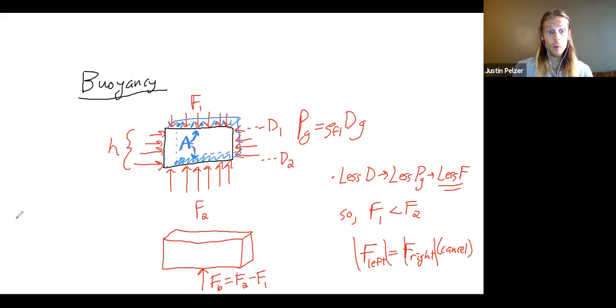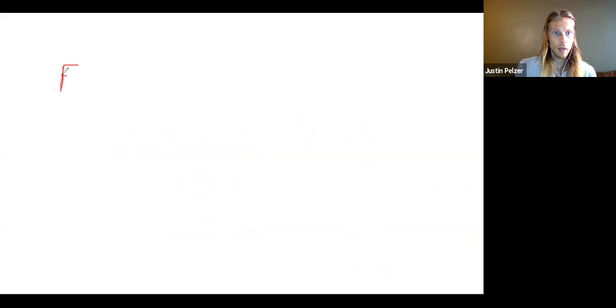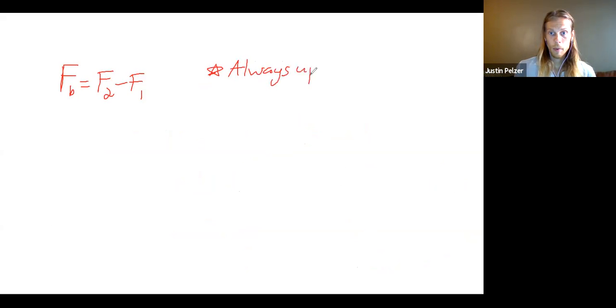So buoyancy force always pushes up. So FB equals F2 minus F1. Point number 1, it's always up. Why? Remember, it's because this is always bigger than this, and this is the bottom, and the bottom is always deeper than the top.